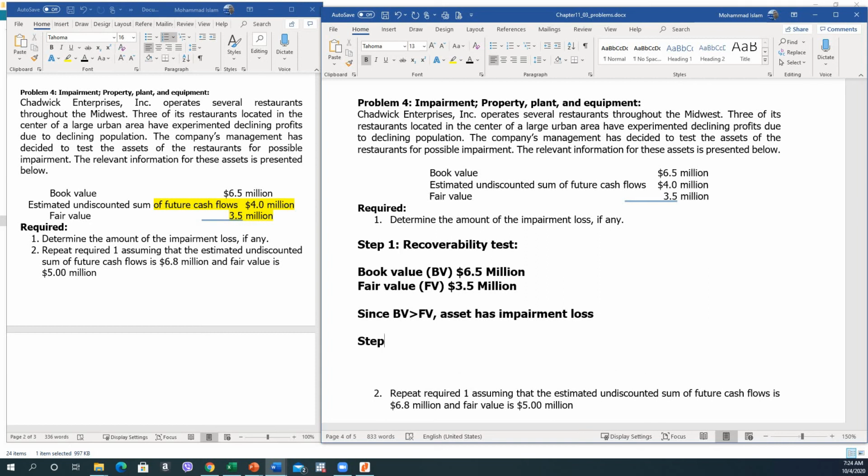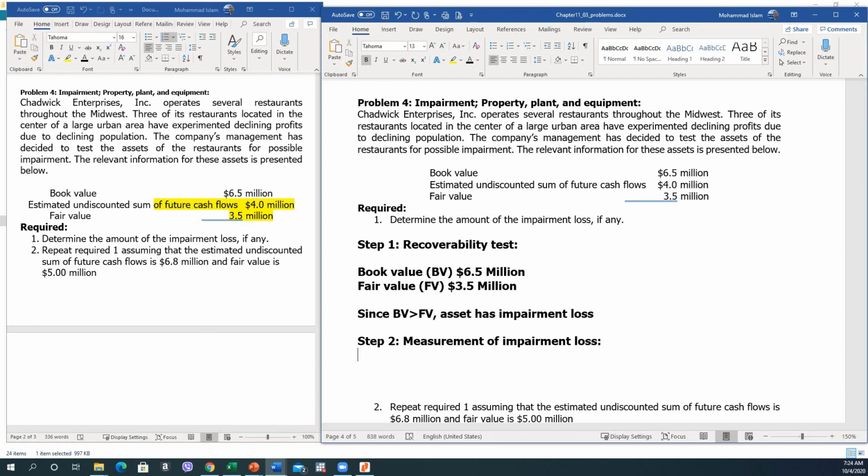And in step 2, we need to calculate the measurement of the impairment loss. I can copy this one.